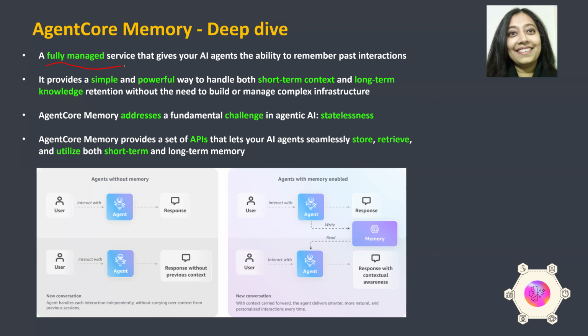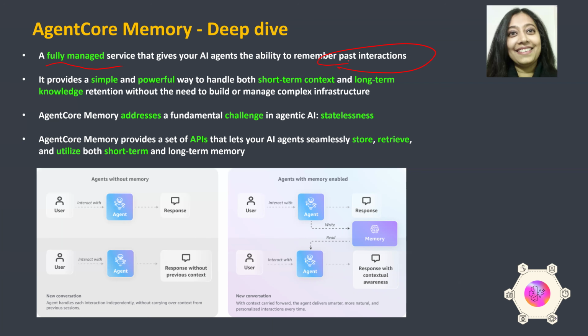This fully managed service gives our agents the ability to remember past interactions. It's a very simple and powerful way to handle both short-term context as well as long-term knowledge without having to build any complex infrastructure.